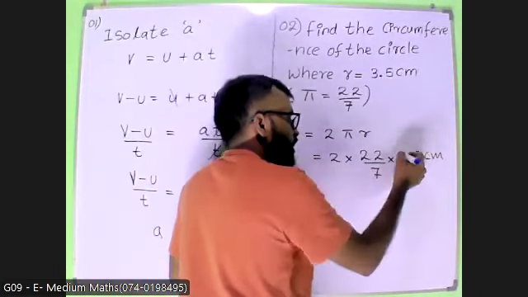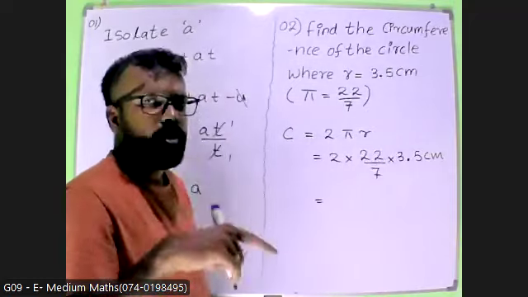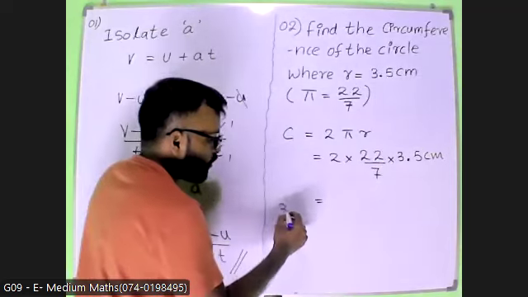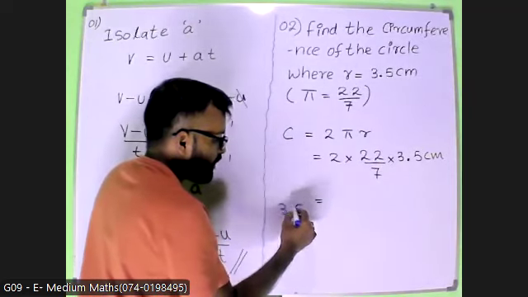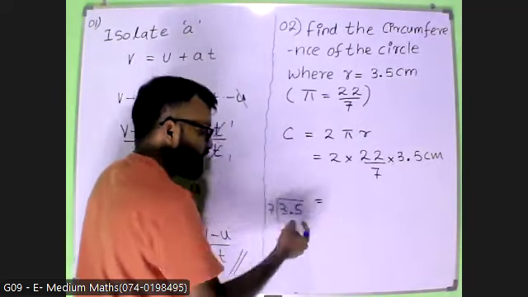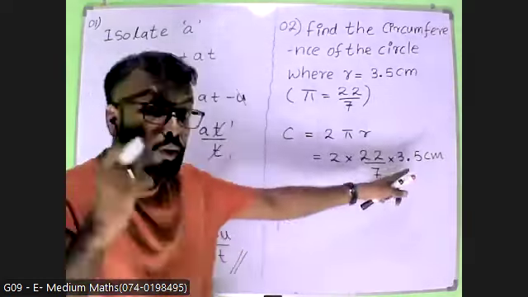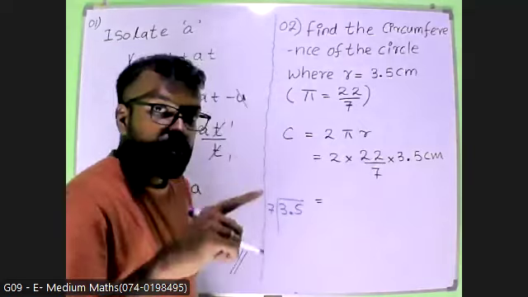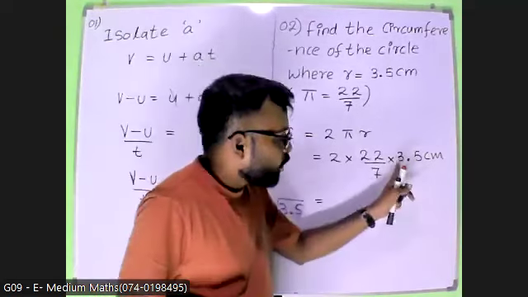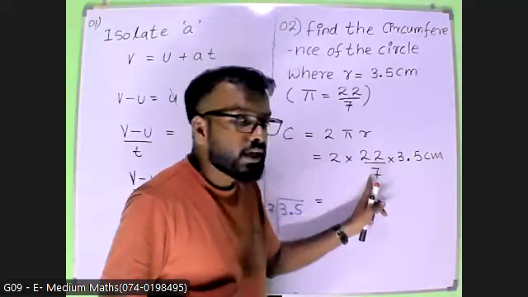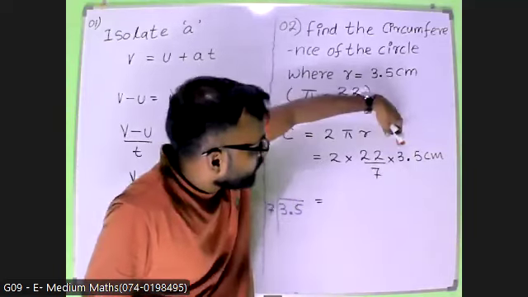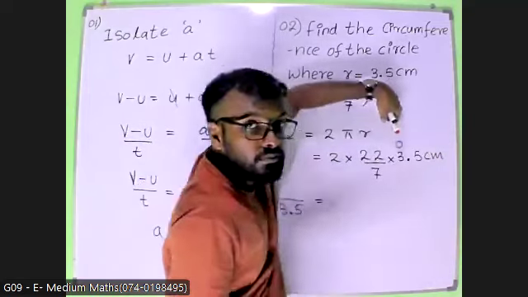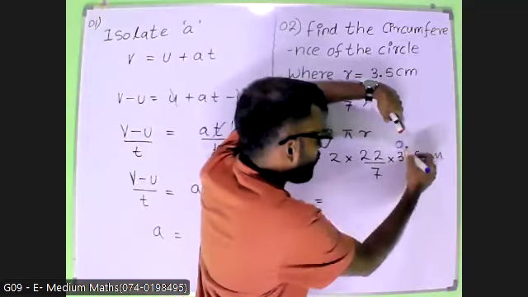7 into 3.5. You know how to divide decimal numbers, right? If you want, you can divide 3.5 by 7 in a separate area, or you can use your mind. How many 7s are there in 3? No 7s. 0, decimal point.